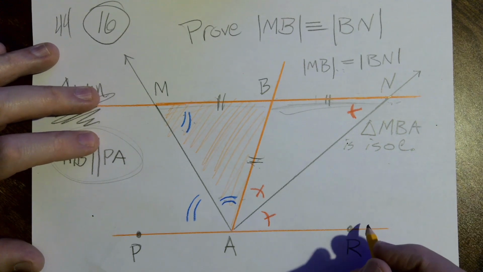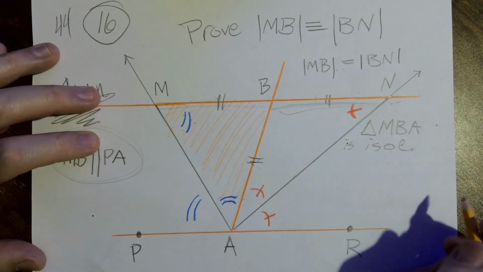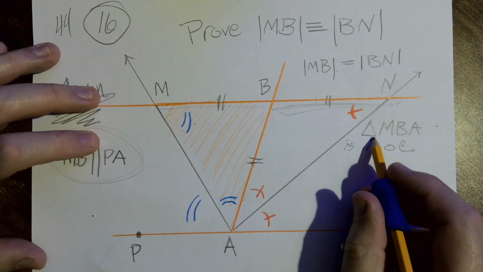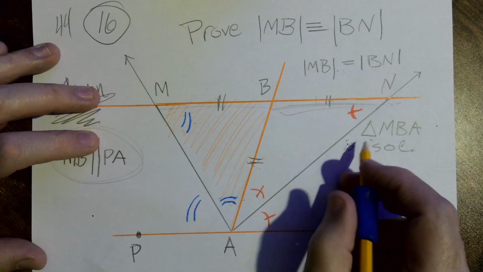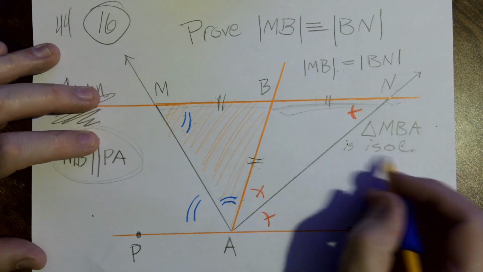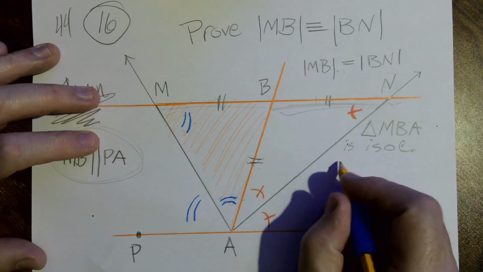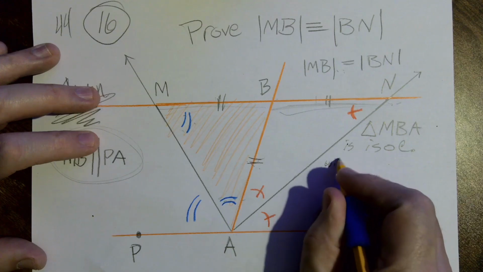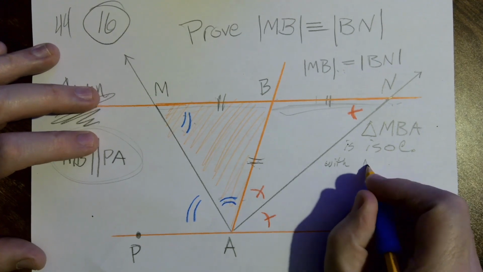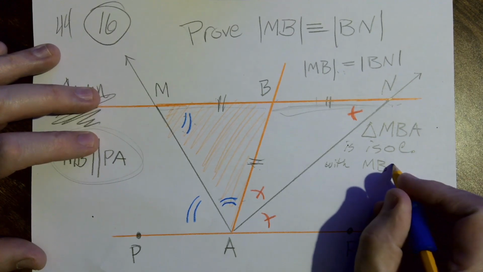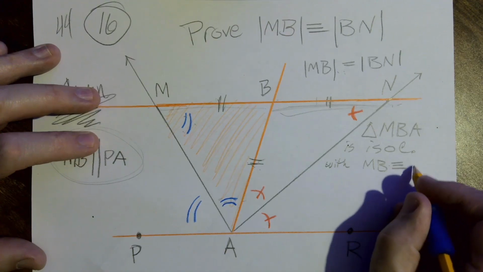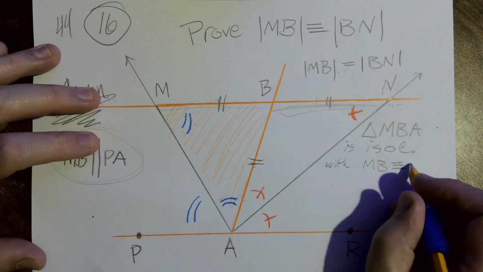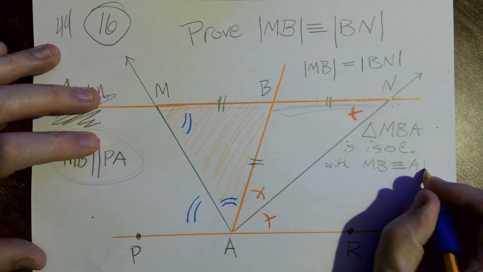I won't spell that whole thing, okay? I'll just put a period after the C. Triangle MBA is isosceles with MB congruent to AB.